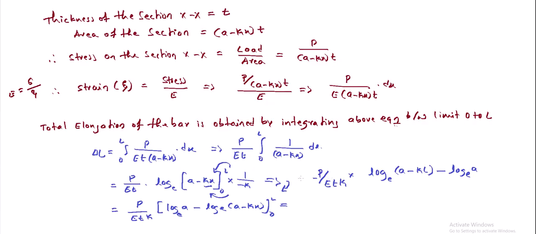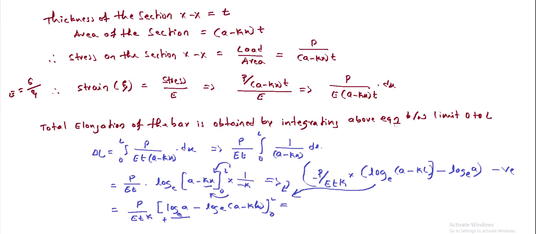I have multiplied this whole equation with a minus sign, so that log A to the base e becomes plus, and log of A minus KL becomes minus.